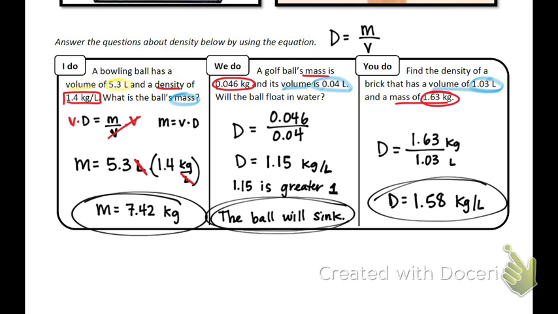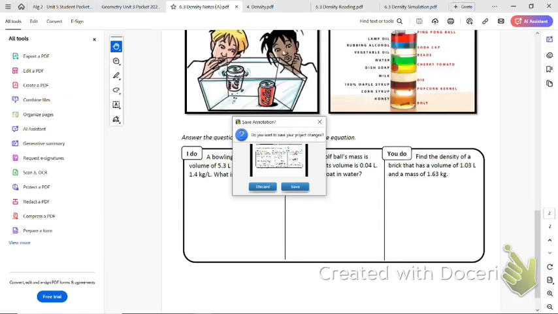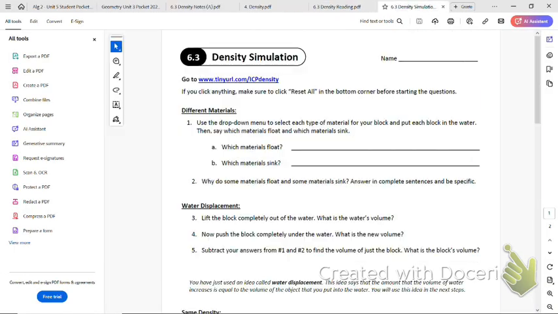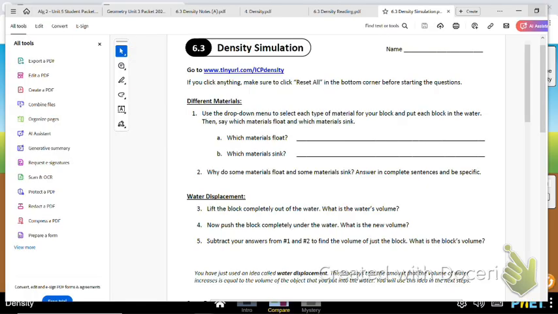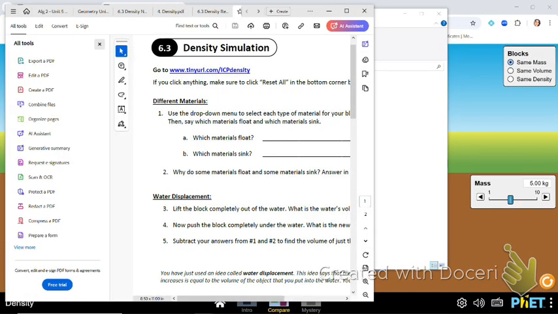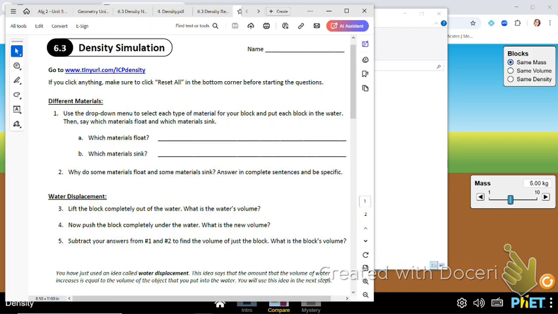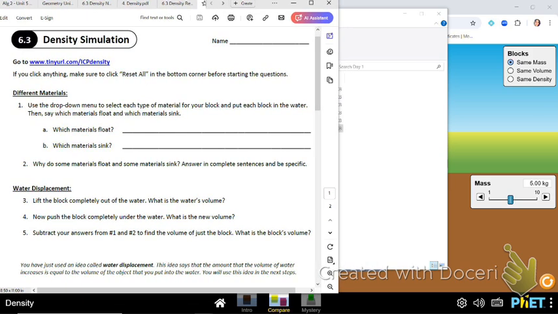If you want to pull this up on your phone, you have to search PHET, P-H-E-T, density simulation because the tiny URL is broken. So I'm going to pull this up.